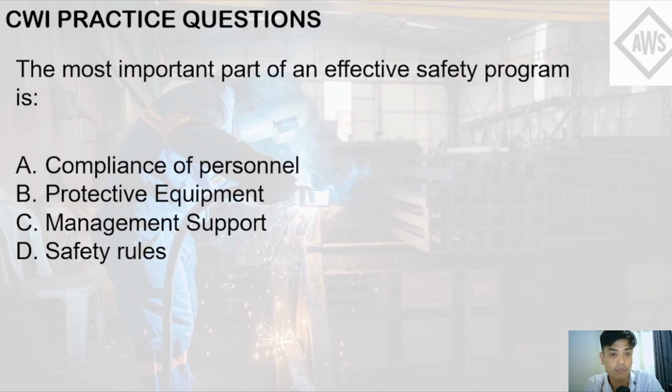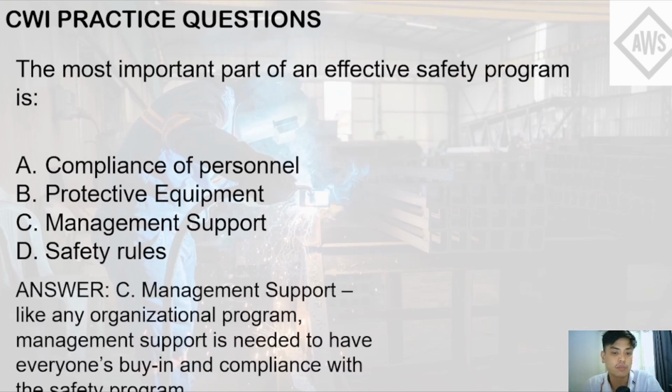So the answer here is letter C, management support. Unlike any organizational program, management support is needed for everyone's buy-in and compliance with the safety program. It needs to start from the top basically.